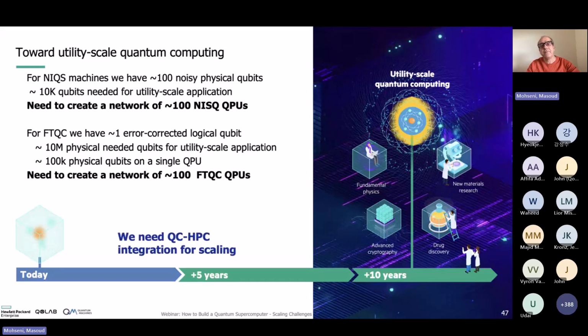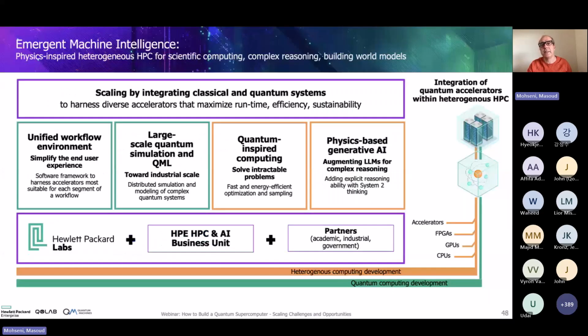It means we might need integration with HPC infrastructure, whether for NISQ or fault-tolerant quantum error correction, because the QPUs are never going to be big enough for full-scale standalone quantum computing. So you need a very tight integration with HPC.